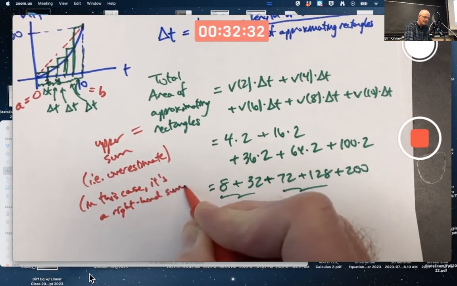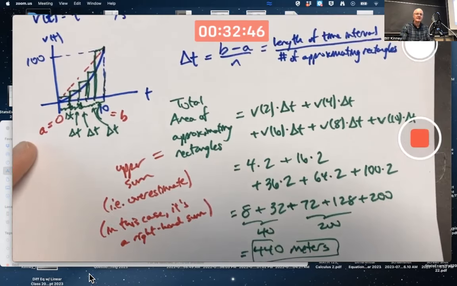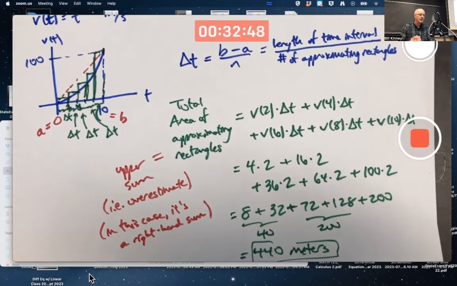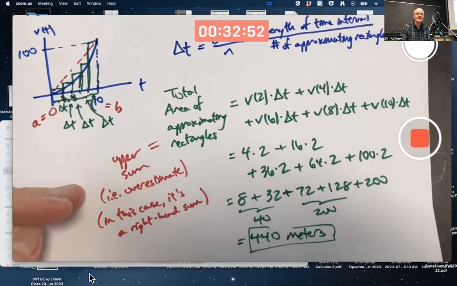Right-hand sums are found by taking each subinterval, going to the right endpoint, and using that to go up to the curve to find the approximating rectangle. With a speed function that's increasing like this, the right-hand sums will also be upper sums, overestimates.